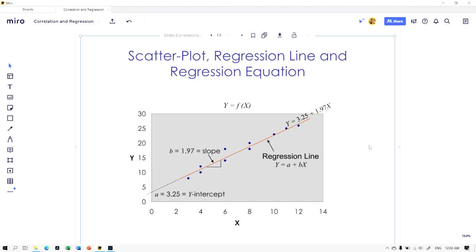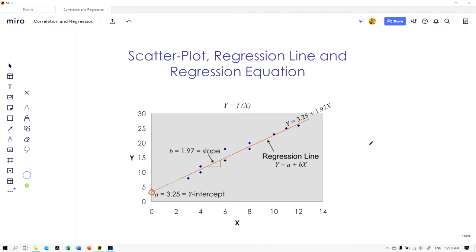The value of 3.25 is called the y-intercept because it is the point where the regression line intercepts the y-axis. The value of 1.97 is the slope of the line, and this slope is denoted by the symbol b, and b equals 1.97.